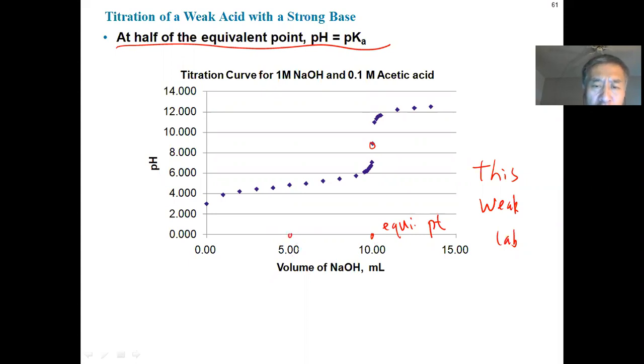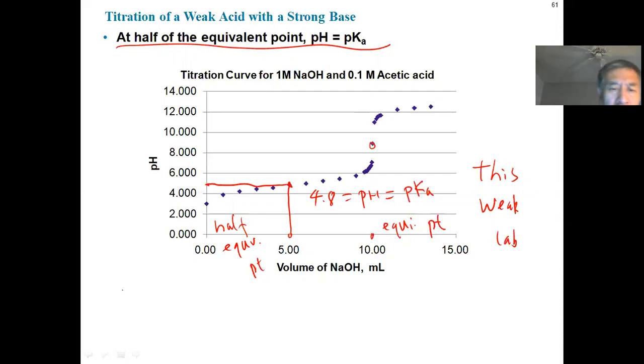So you locate 5 mL, which we call the half equivalence point. You go up to the curve, you get a point, and go to the left, you find the pH. So it's about 4.8 or 4.9. Then that equals the pKa of this weak acid.